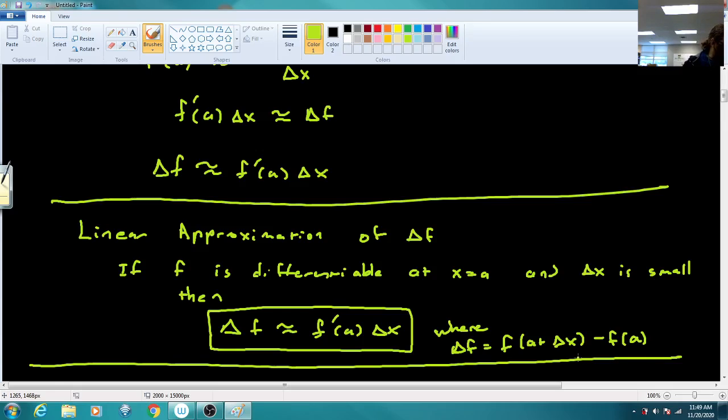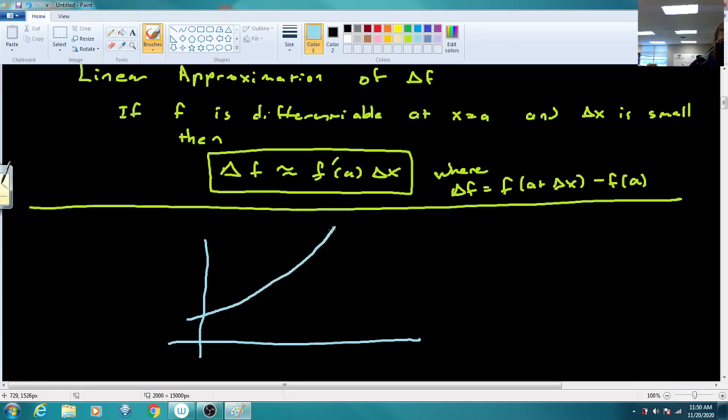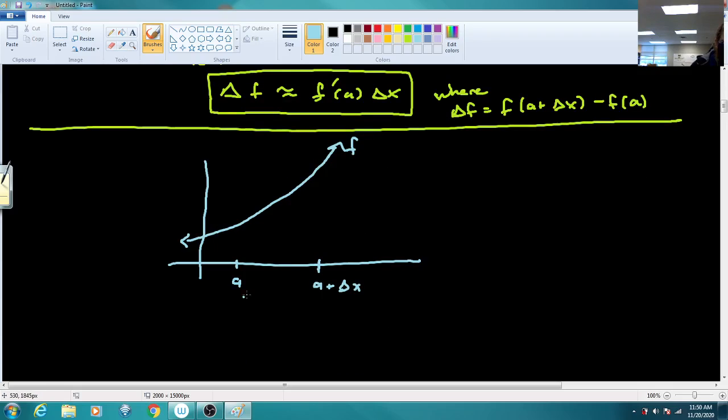So if we look at what this approximation is doing, suppose we had a function here, so let's say we got a graph and we got some curve going upwards, it's just some function f. And let's say here is a and here is a plus delta x. So the difference between these two right here is delta x.